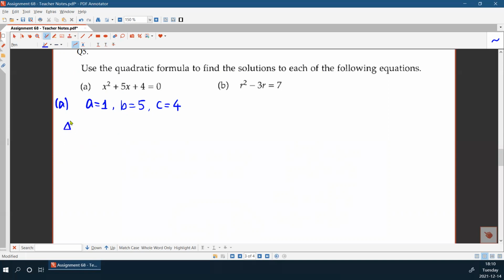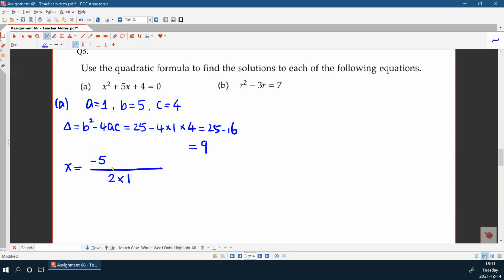First, let's calculate the determinant delta. Delta is b squared minus 4ac, and then you can just put the numbers in, which is 25 minus 4 times 1 times 4, which is 25 minus 16, which is 9. So delta is 9. Therefore, according to the quadratic formula, x is the denominator 2a, which is 2 times 1, and then minus b, which is minus 5, plus or minus the square root of delta.